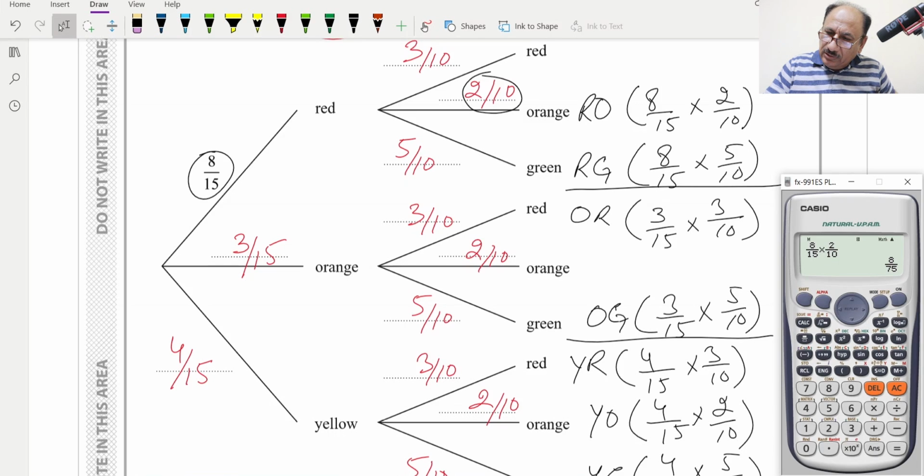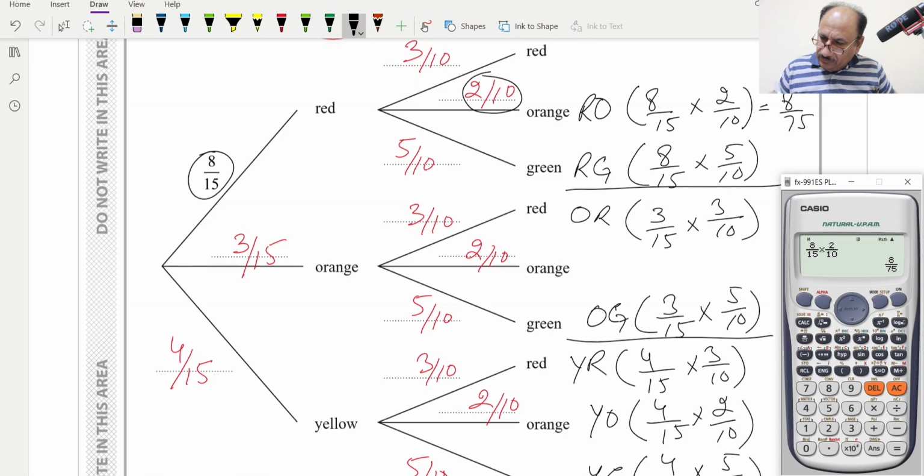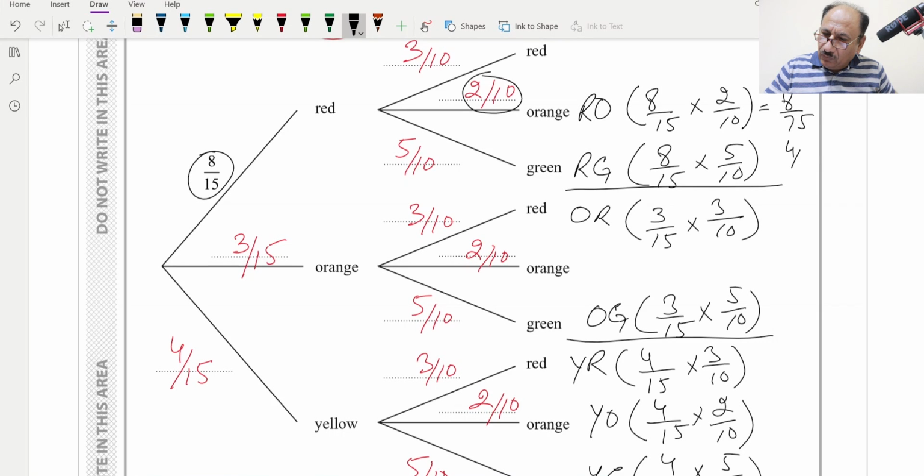Next, 8 over 15 into 5 over 10 is equal to 4 by 15. So this is 4 over 15. And similarly this will be 9 over 150.